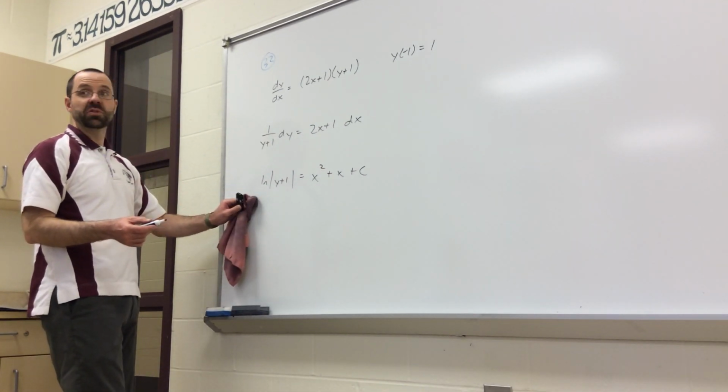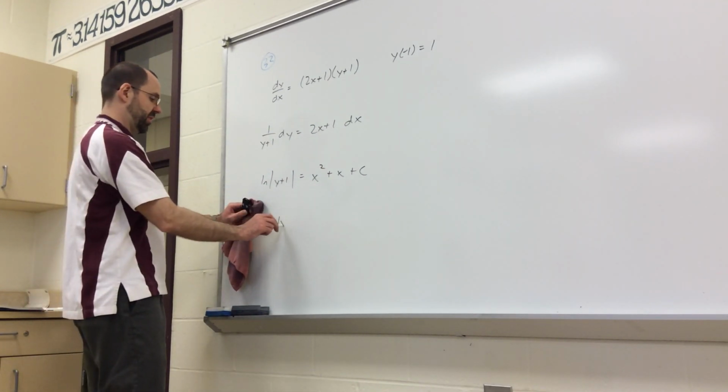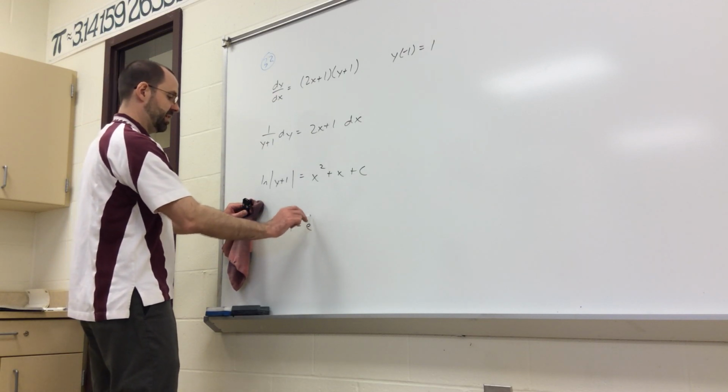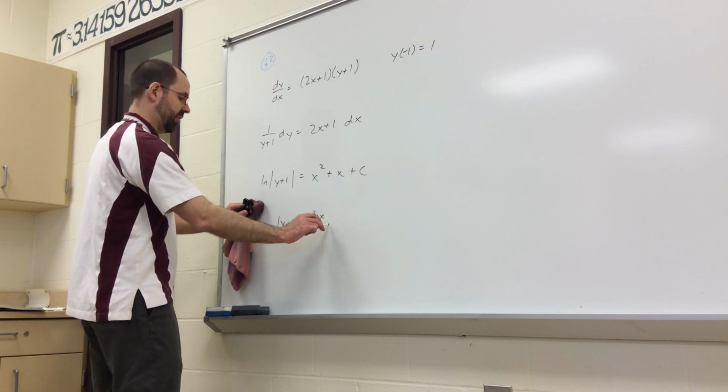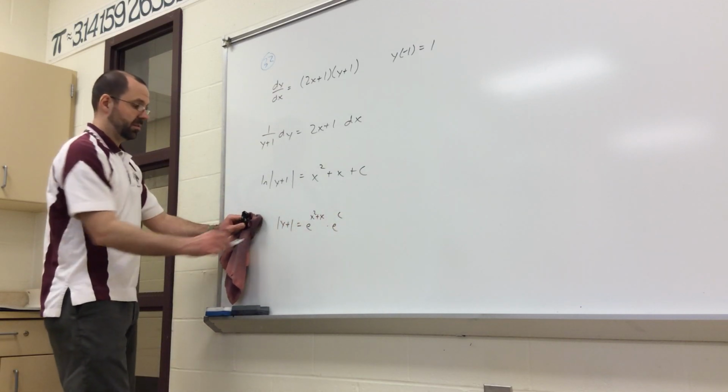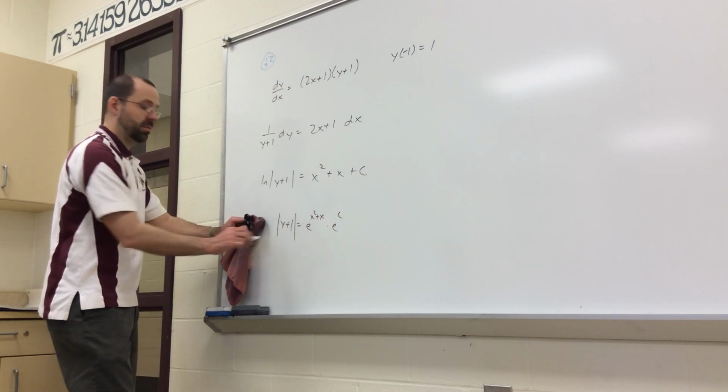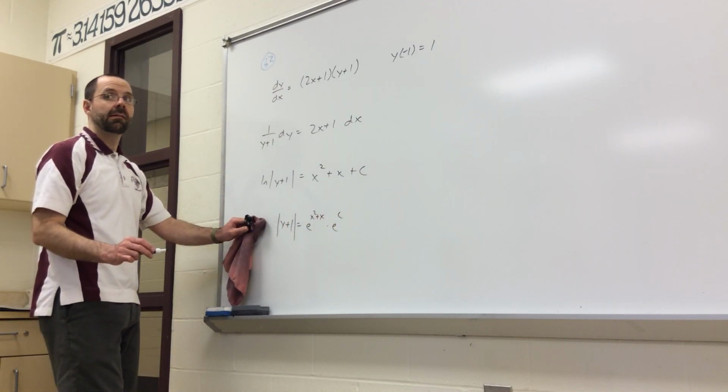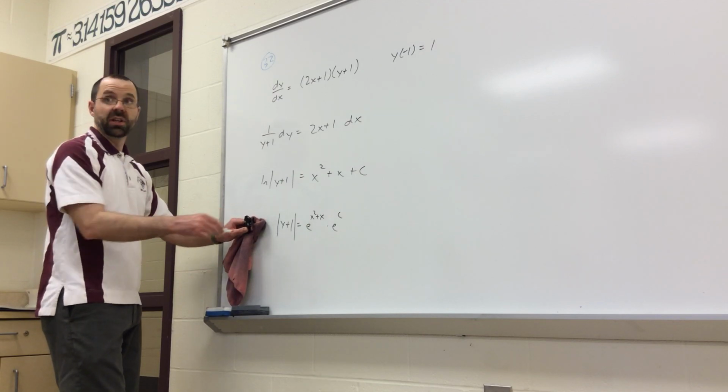So then raise both sides to e. So the absolute value of y plus 1 equals e to the x squared plus x times e to the c. Then we've got to get rid of the absolute value.